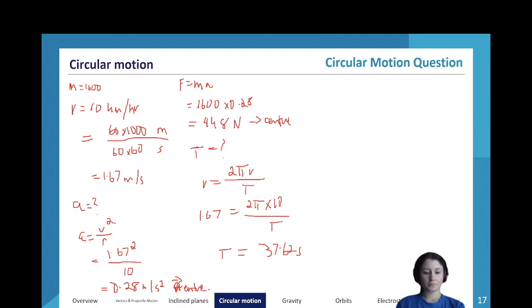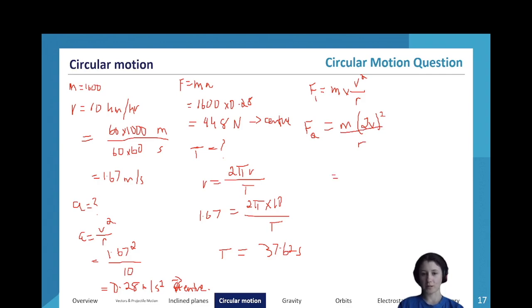So, our force required is equal to mass times v squared on r. If we double that velocity, we're going to have m times 2v squared over r, because we're putting in 2v instead of v because it's doubling.